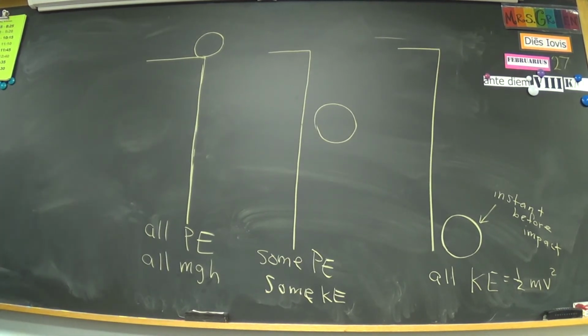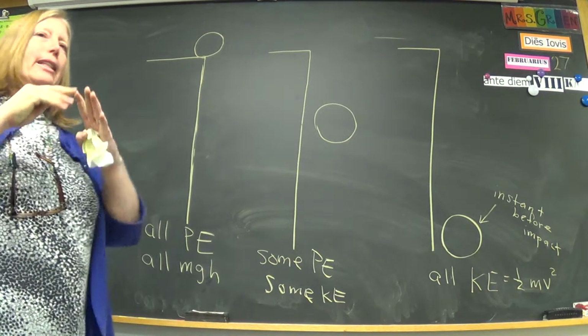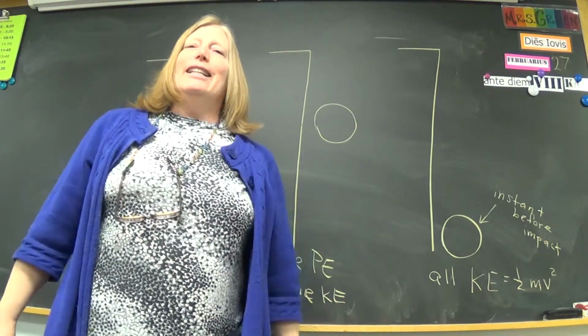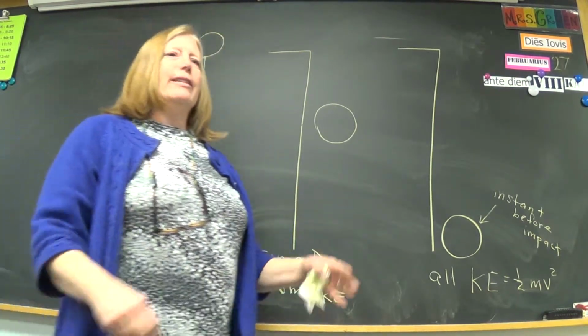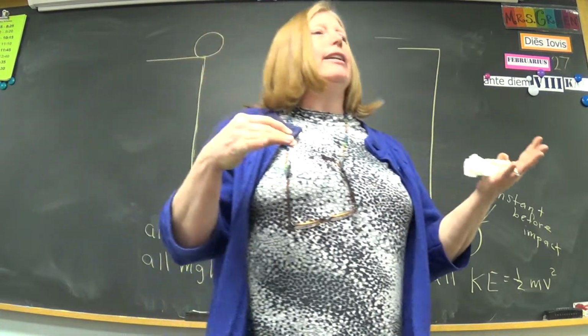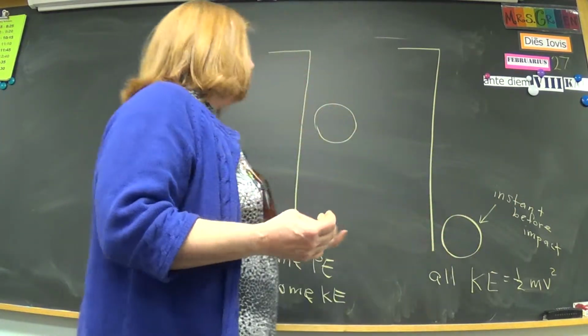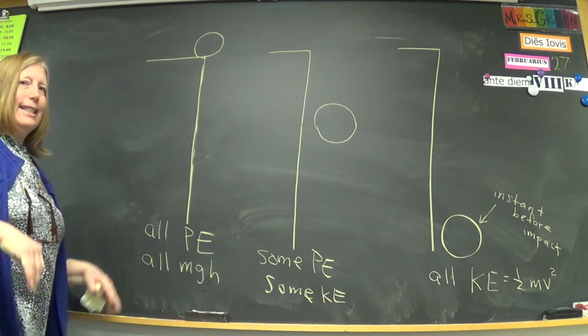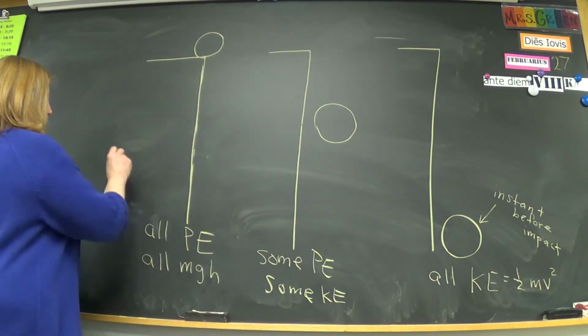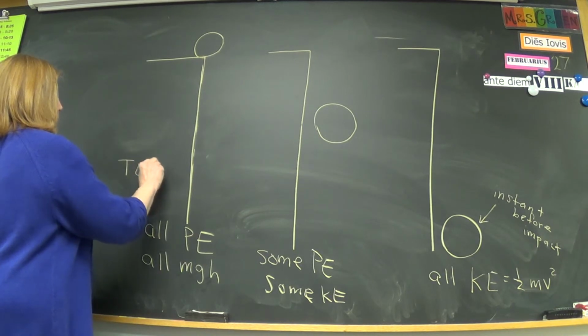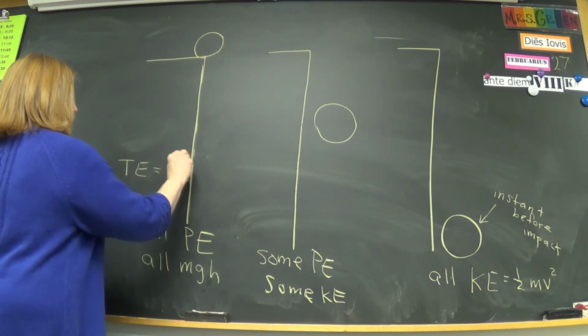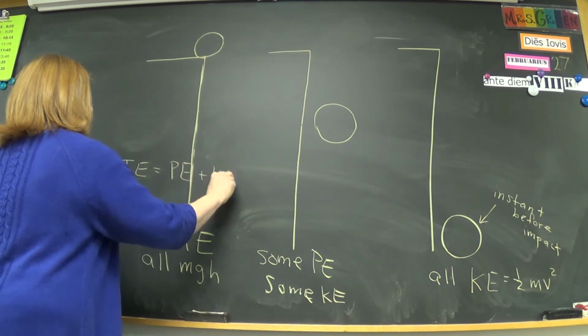So here's the big deal about teetering on the top. We said energy cannot be created or destroyed. Every system has a total amount of energy. So I'm going to call that TE. Here, TE equals the two added together, PE plus KE.